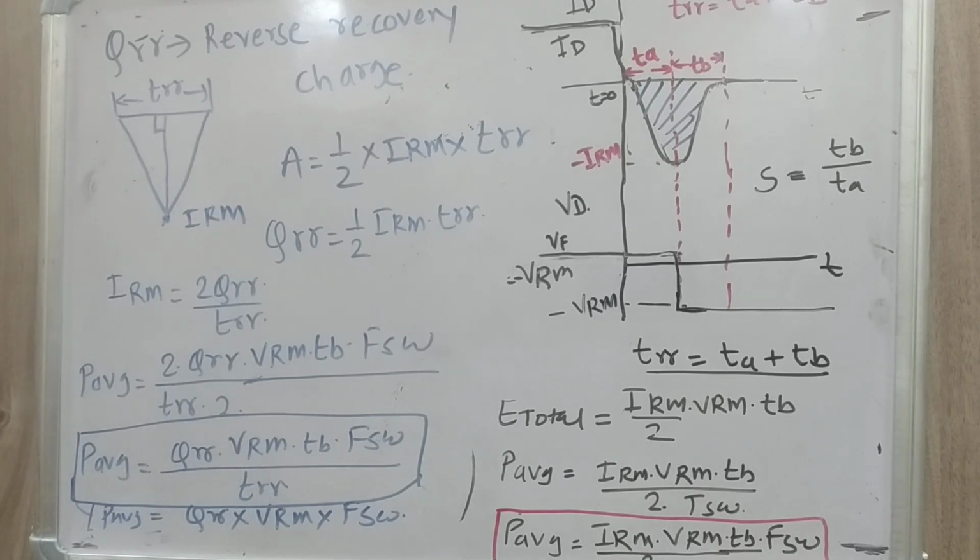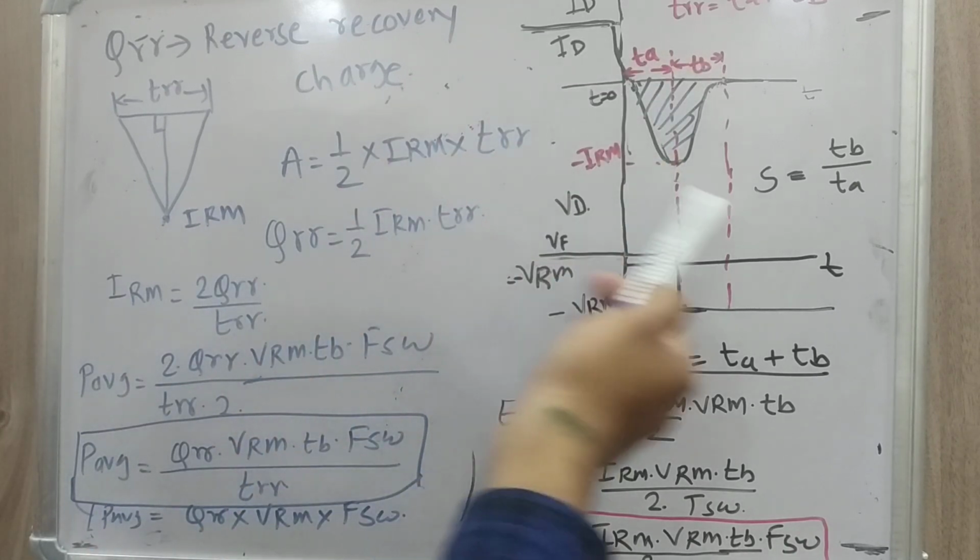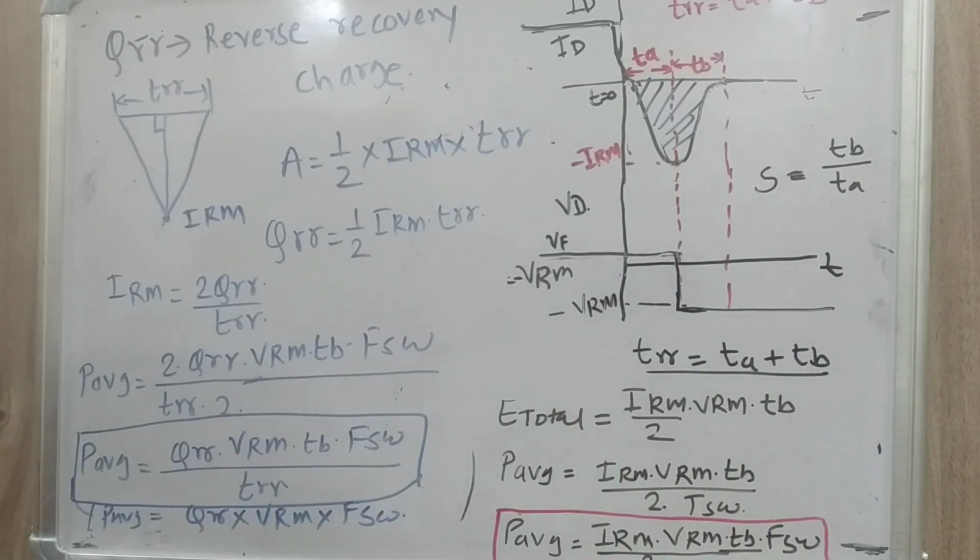In the diode datasheet, maybe TRR is given, but the softness factor is not given, which is defined by the ratio of TB by TA. So you can approach the manufacturer or semiconductor supplier and get this softness factor data, and then you can calculate TB, because TRR you already know.